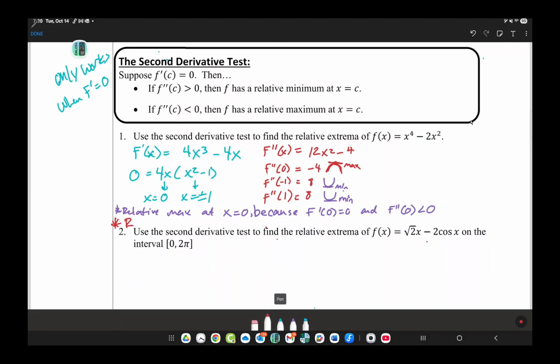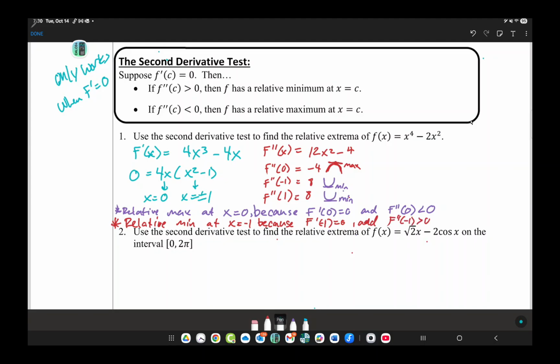We have relative mins at x equals, now I don't know if they need to list them separately, but you may want to list them separately, at -1, because f prime of -1 is equal to 0, and f double prime of -1 is greater than 0.